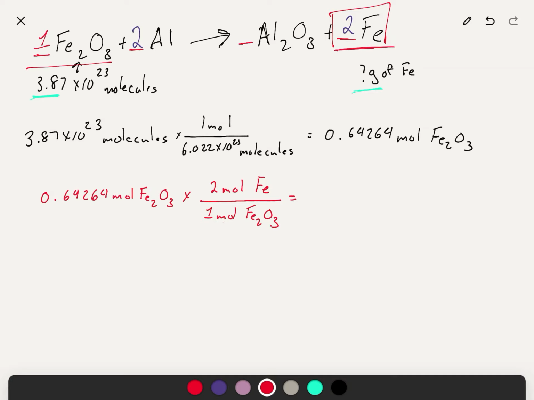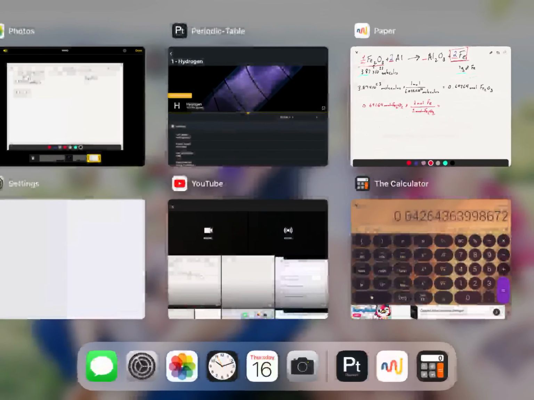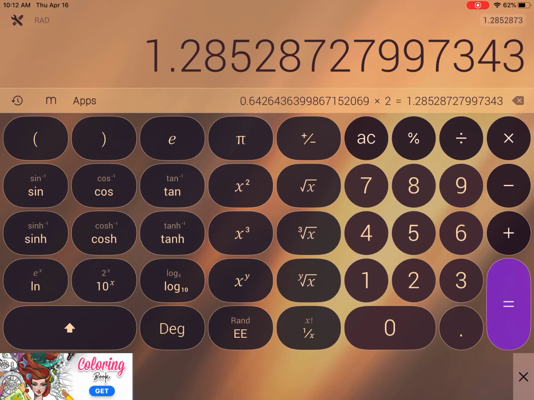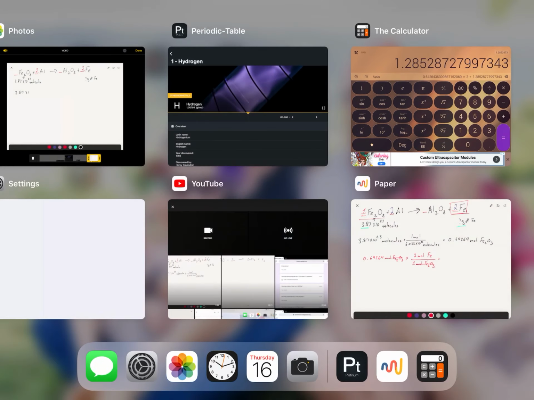So we're essentially going to multiply by 2. We'll get rid of our moles of Fe2O3 and we'll be left with moles of iron. So times 2, 1.28528.